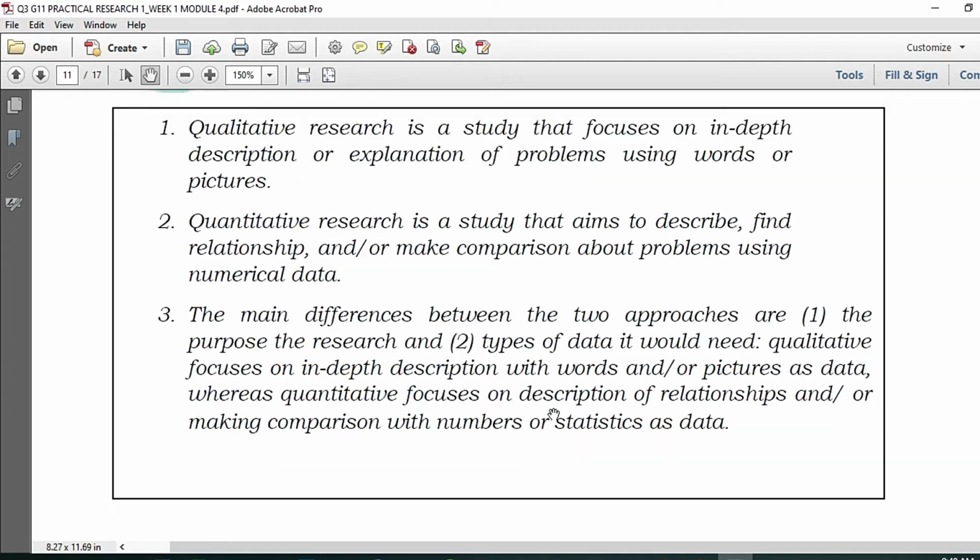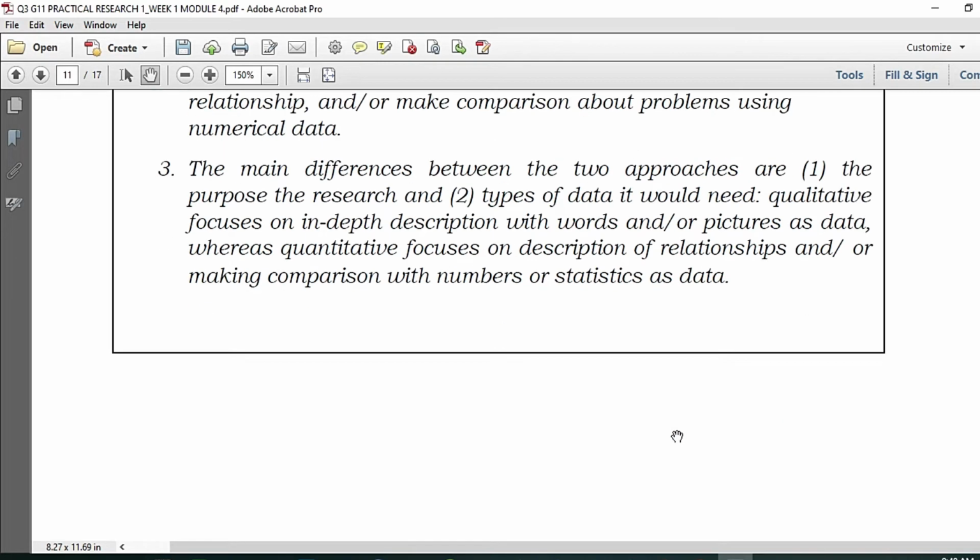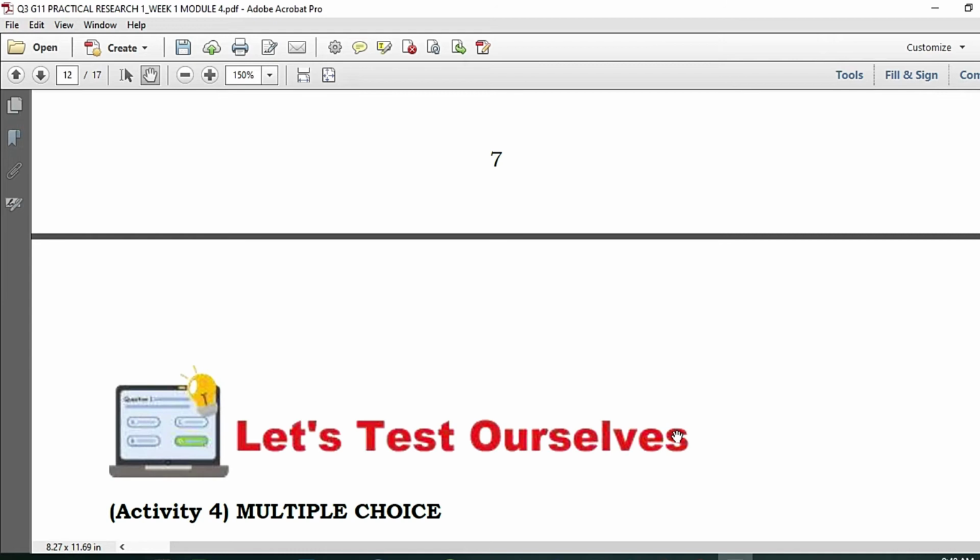And number 3, the main difference between the two approaches are, number 1, the purpose of the research, and number 2, the type of data it would need. Next, on the type of data needed, the qualitative focuses on in-depth description with words or pictures as data, wherein quantitative focuses on description of relationship and making comparison with numbers or statistical data. Okay, hope you get it correct.